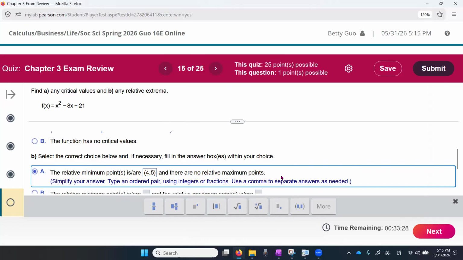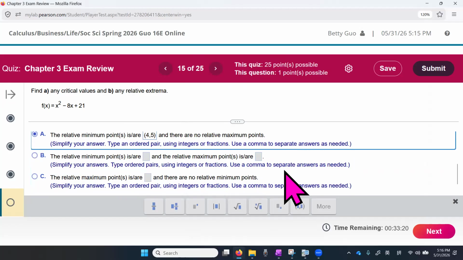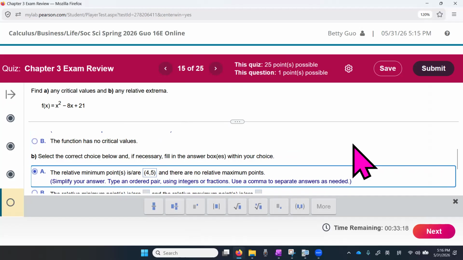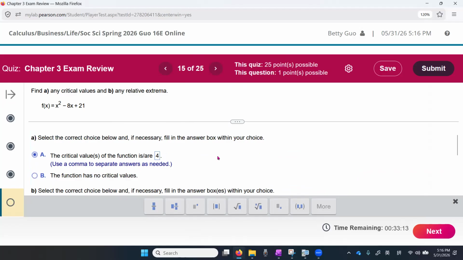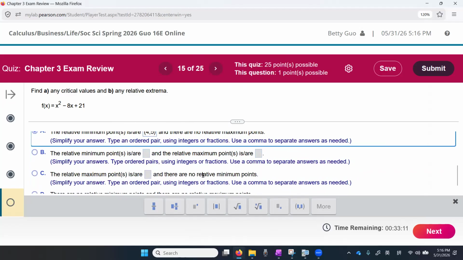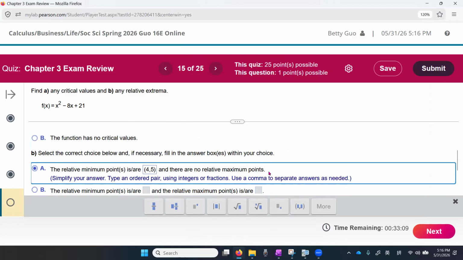Again, if you use a calculator to graph the function, you can make your job a lot easier. But that's not the right way to learn calculus. It's the right way to learn technology, but not the right way to learn calculus. And that's it for this one.